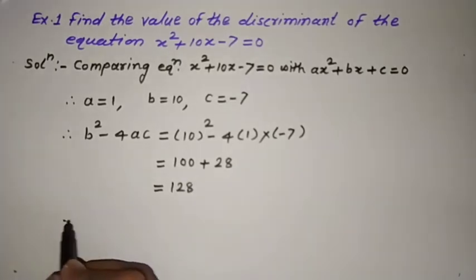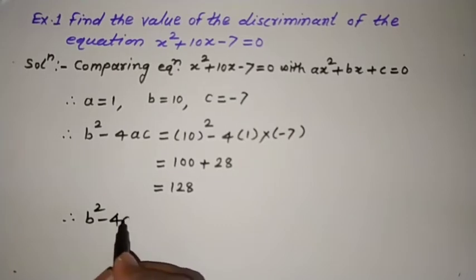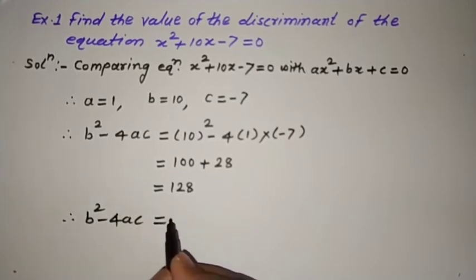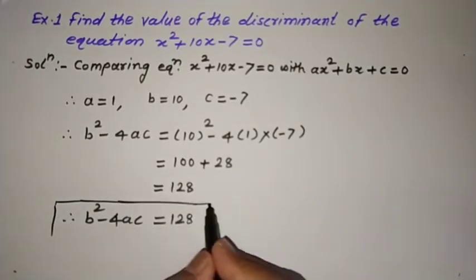The value of discriminant b square minus 4ac is equal to 128. In this type, to find the value of discriminant.